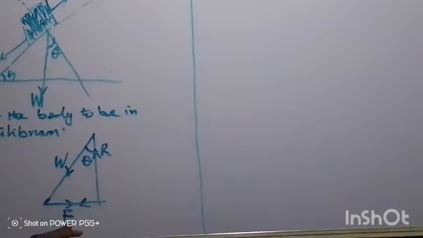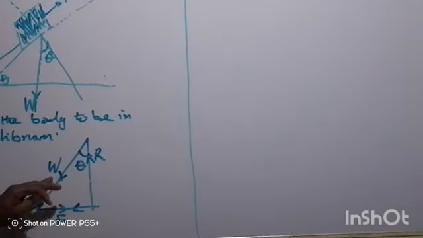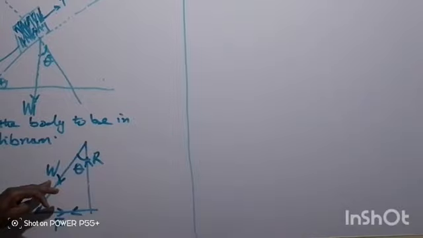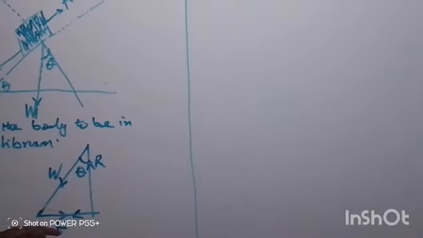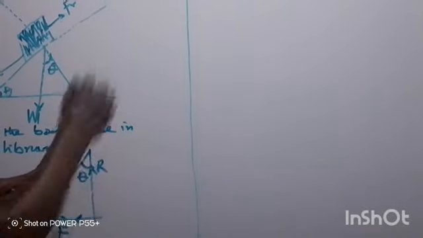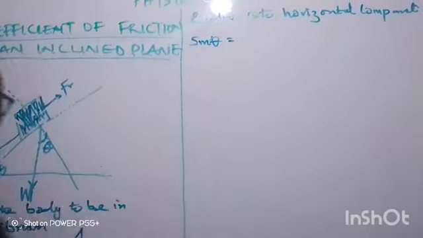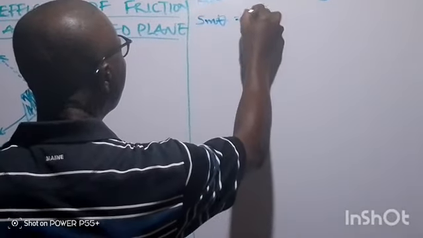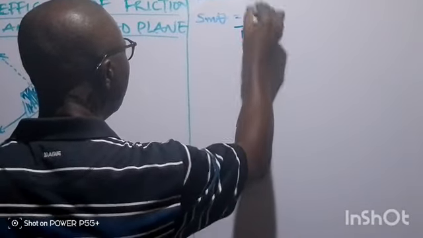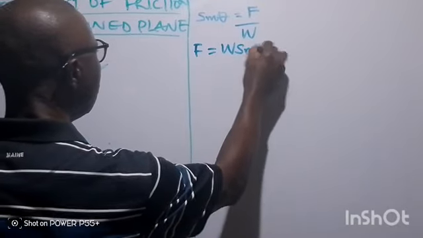We call this one the horizontal force or parallel force. Then we take care of the weight of the body and the angle. From this, it will be opposite over hypotenuse. That will be sine theta. Sine theta will be equal to F over W. Don't forget that W is the weight of the body. Therefore, our F will be equal to W sine theta.